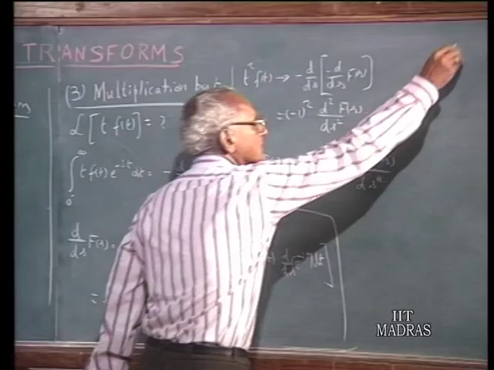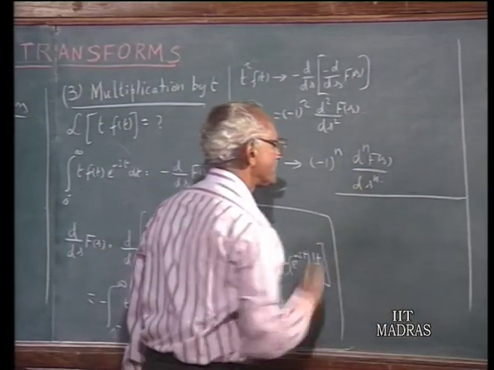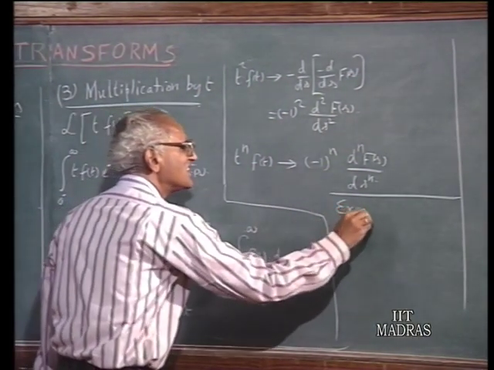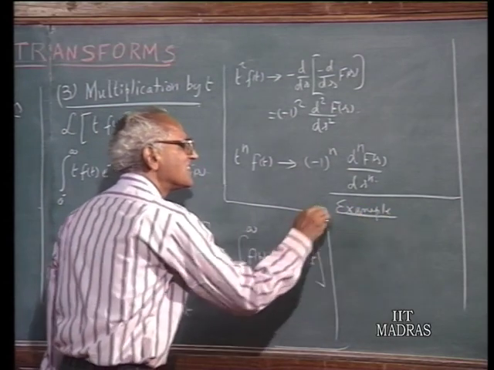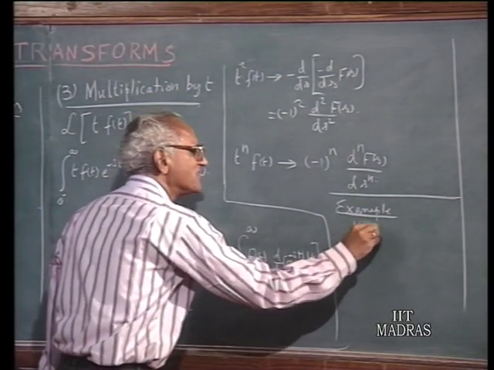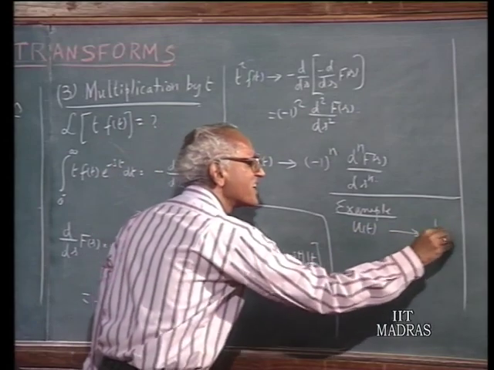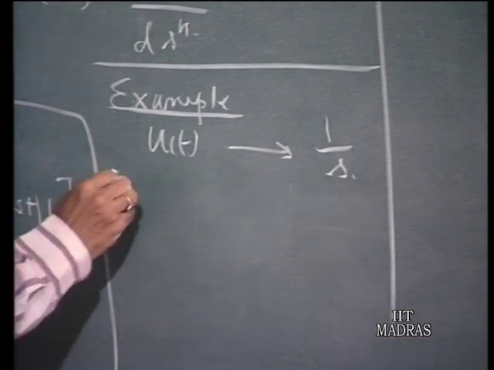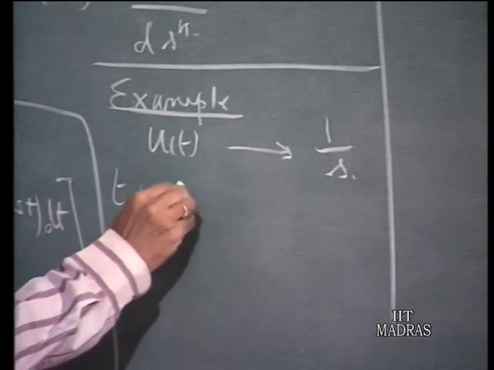So let me take a simple example. We know that u(t) has the Laplace transform 1 over s. Now what happens if I take the Laplace transform of t u(t)?